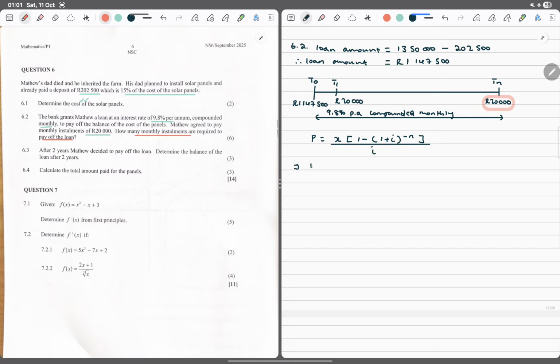So our present value here is 1,147,500 equals 20,000 into 1 minus (1 plus 0.098 over 12) to the minus n, all divided by 0.098 divided by 12. Okay.